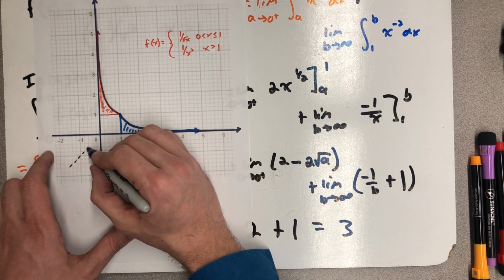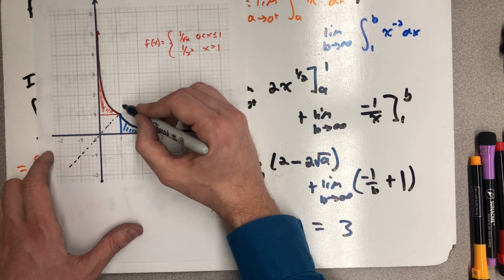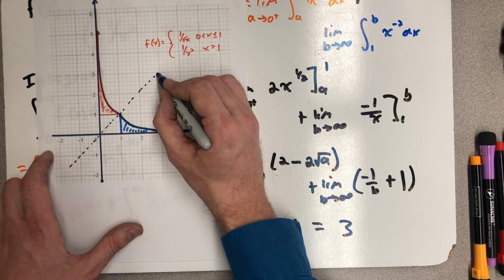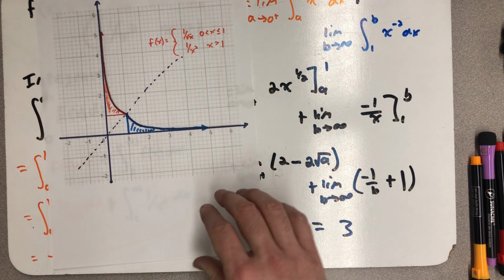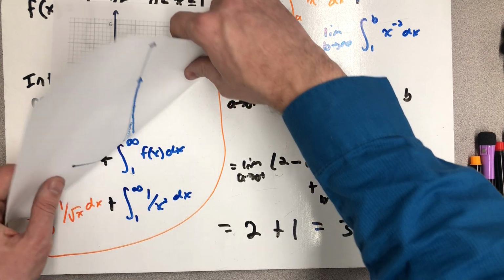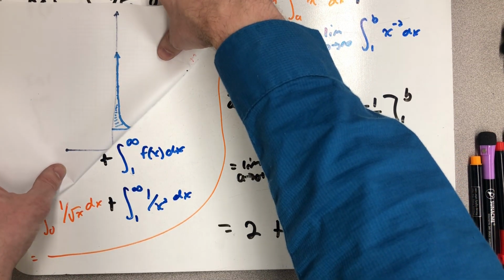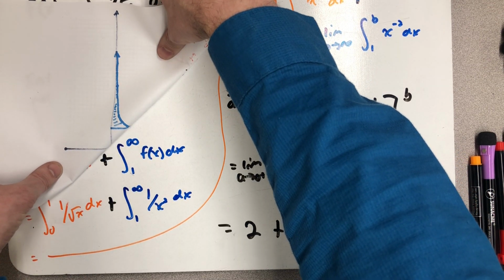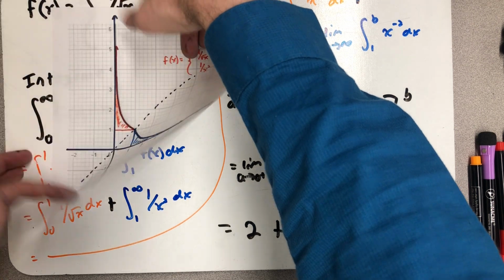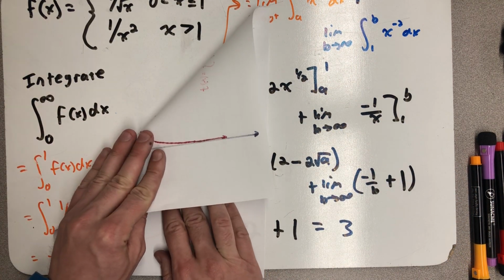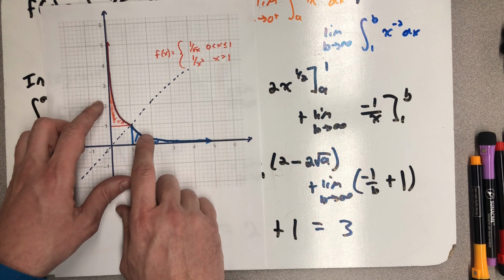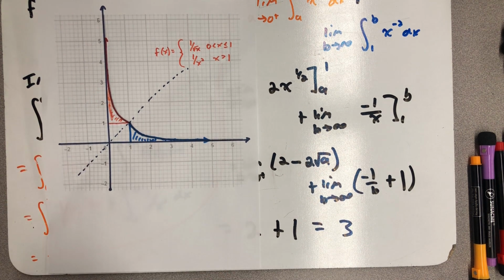But those two parts are symmetric over the line y equals x. This function is its own inverse. If I fold my graph over that dotted line, the orange part lays right over top of the blue part, or actually this way, the blue part lays over the orange part, and the same thing here. So I think the blue area and the orange area have the same value.